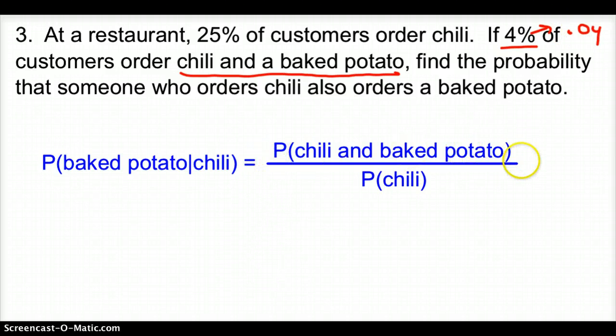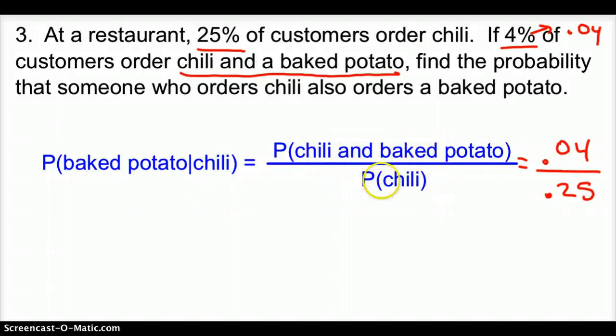So here I'm going to put 0.04, and I'm going to divide that by the 25% of those customers who order chili, because these guys do get chili, but they also get a baked potato. So if we divide out the chili, we should be left with the percent that gets the baked potato. So you punch that into your calculator, you get 0.16, which is also 16%.